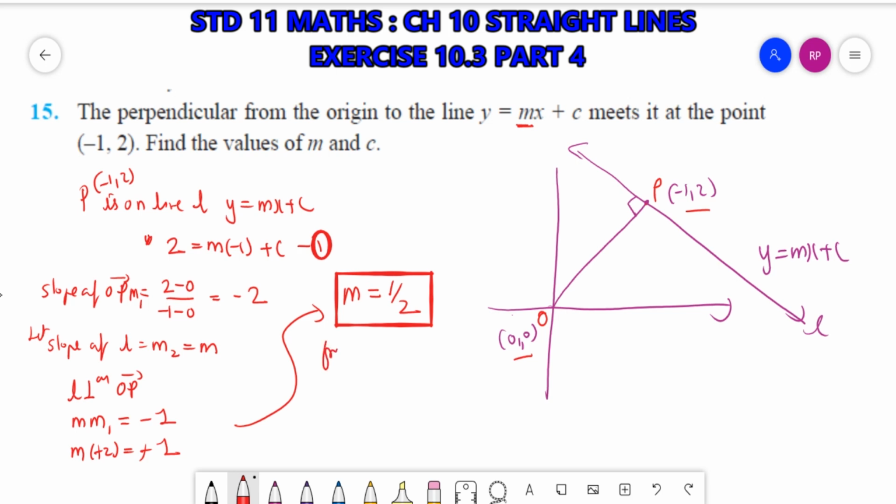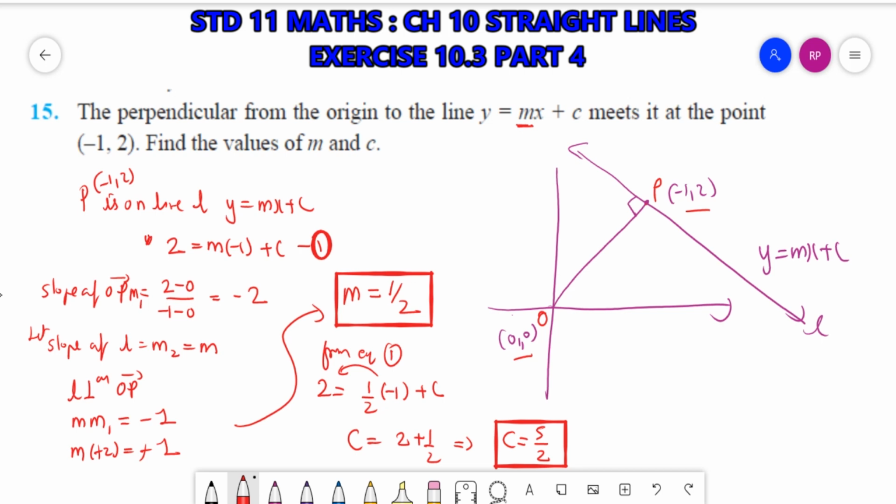So from equation 1, 2 equal to 1 by 2 into minus 1 plus c. c will be equal to 2, when this goes on the other side, it will be plus 1 by 2. So it is 4 plus 1, 5. So that implies c is equal to 5 by 2. Clear? So this was about question 15.